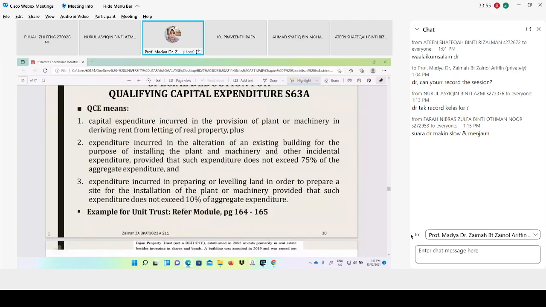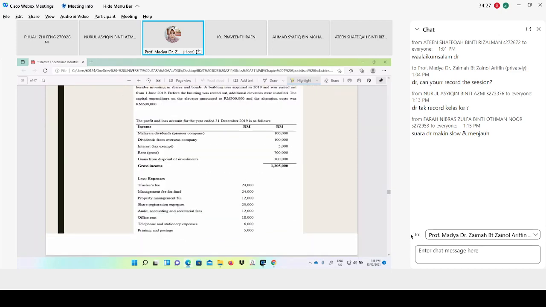This is the one that you previously learned: QCE incurred in the provision of plant and or machinery, but here only in deriving rent from letting of real property, because we deduct 10% of QCE under rental income, and the rest is the same as what you learned in principles of taxation about QCE.